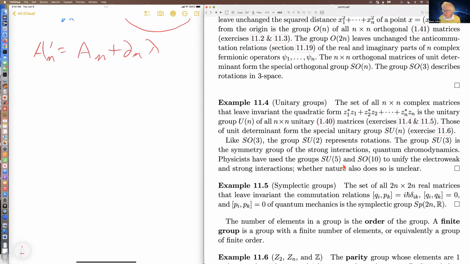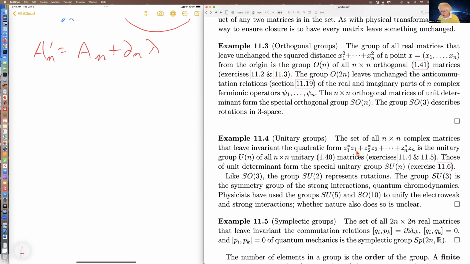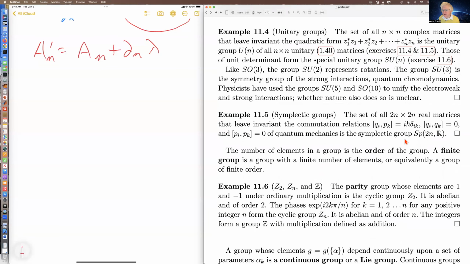Then there are the unitary groups, which are like the orthogonal groups, but for complex numbers, and they leave this quadratic form invariant. And then there are these things that we don't talk about much in physics, but which I think are going to rear their head at some point.